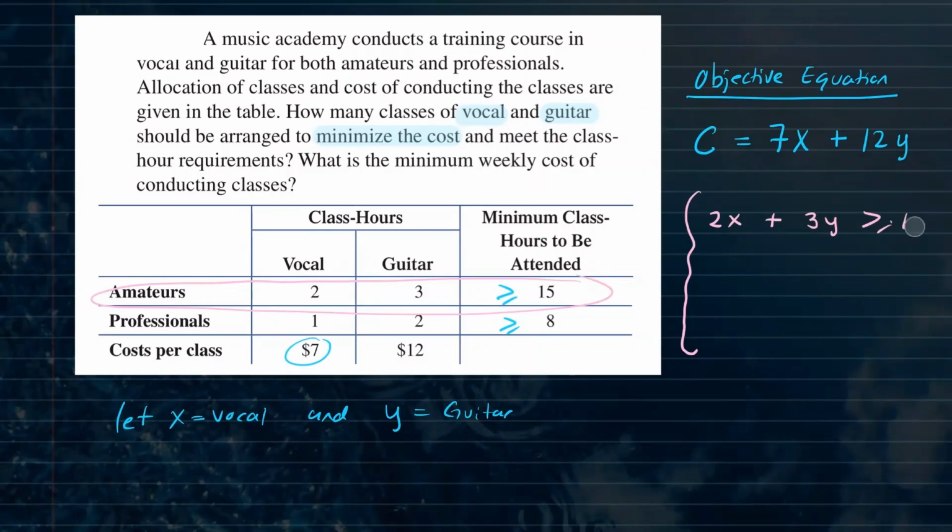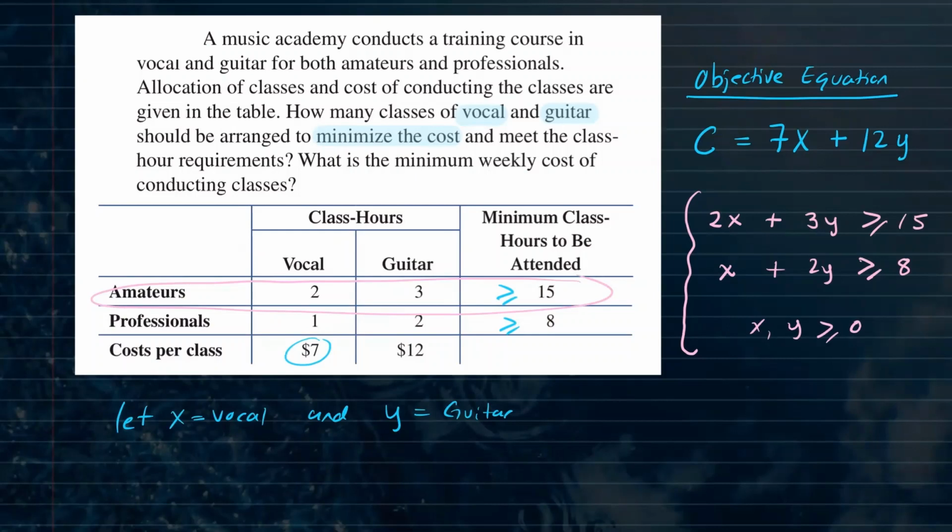So that's one inequality. And for the second category, for professionals, 1 hour for vocal and 2 hours for guitar. So that's 1x plus 2y. Again, minimum is 8, so that's greater or equal to 8. And also you want to make sure these x and y are positive, so we also have constraints for these to be positive.